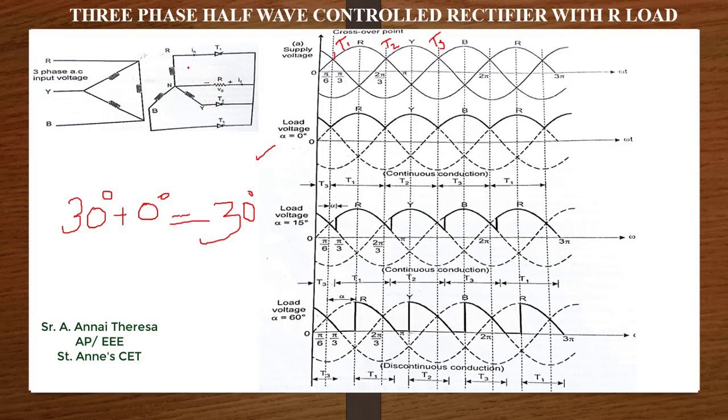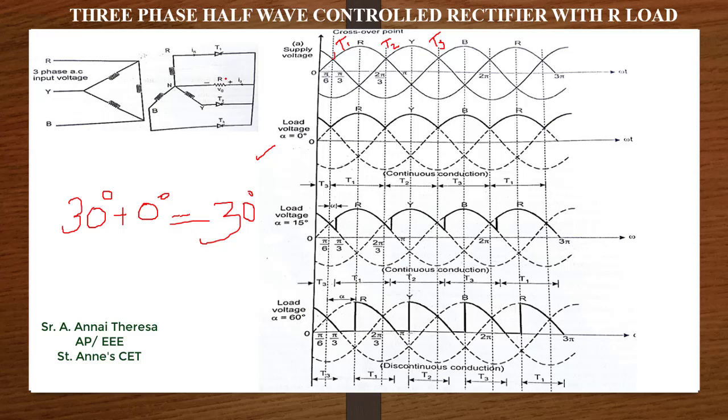Whenever the R phase voltage is at its maximum positive value, the thyristor T1 will be forward biased. Whenever the Y phase voltage is maximum, thyristor T2 will be forward biased. Whenever the B phase voltage is maximum, thyristor T3 will be forward biased.